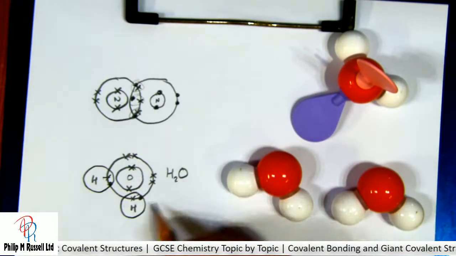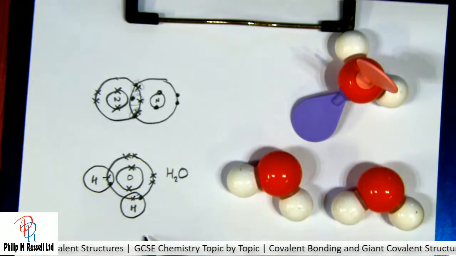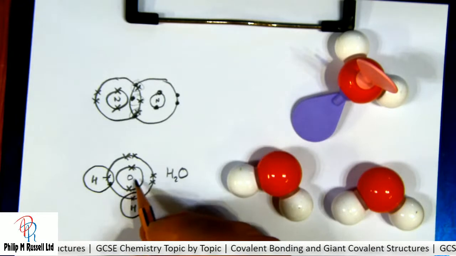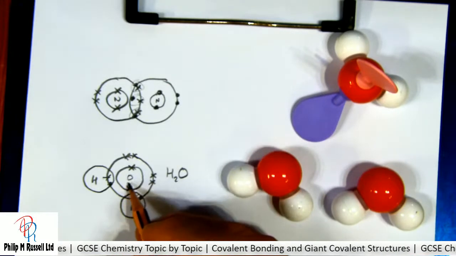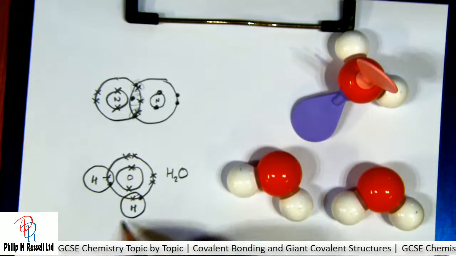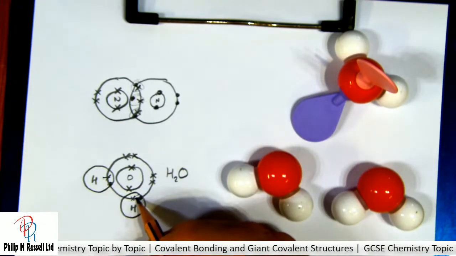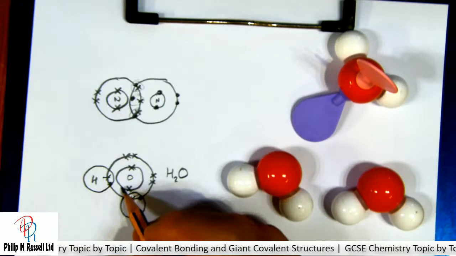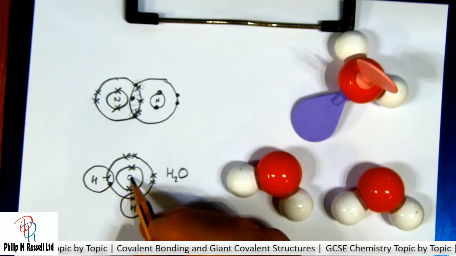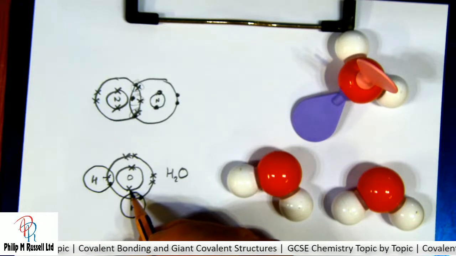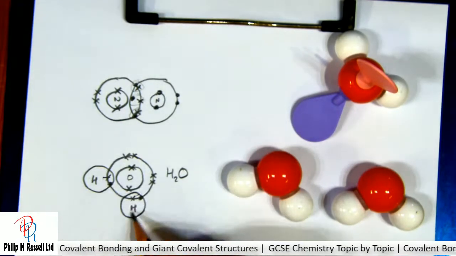There's something else special about water, and that is that oxygen has quite a lot of nuclear material. So when I draw this out, these electrons are drawn very, very slightly closer to the oxygen and further away from the hydrogen.